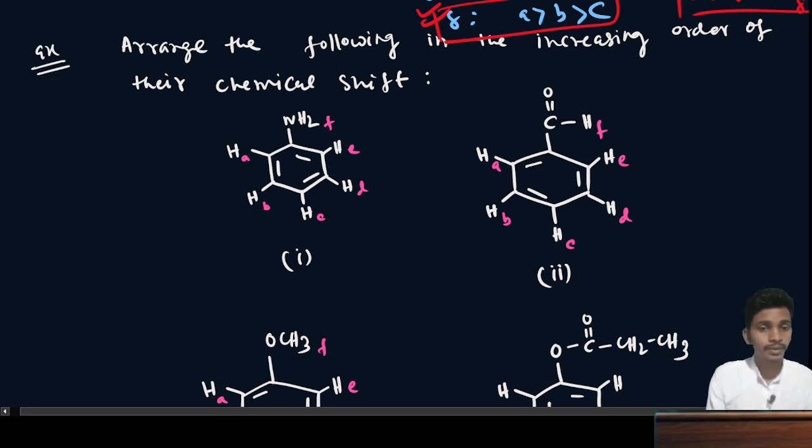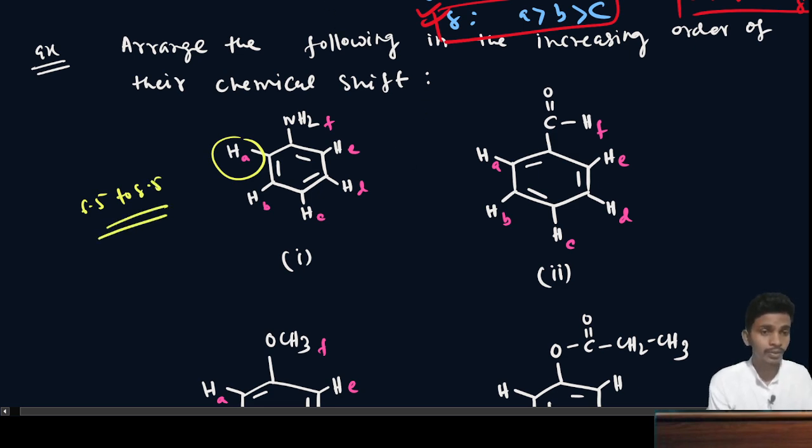Now in this question, arrange the following in increasing order of the chemical shift. Okay, so this is a different question. Here we see that these all show the anisotropic effect, and that range is 6.2 to 8.5 ppm.